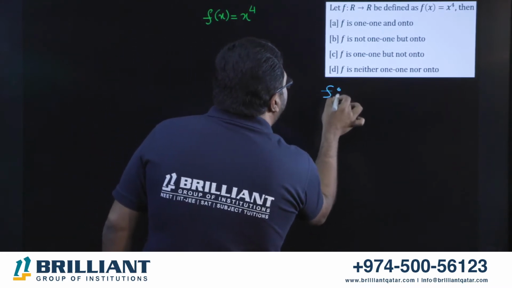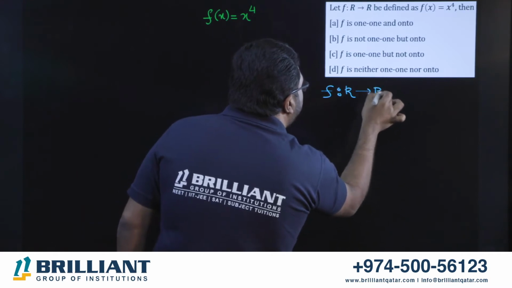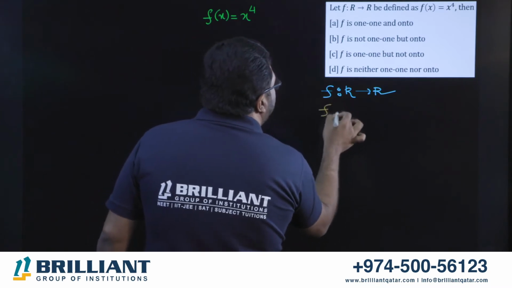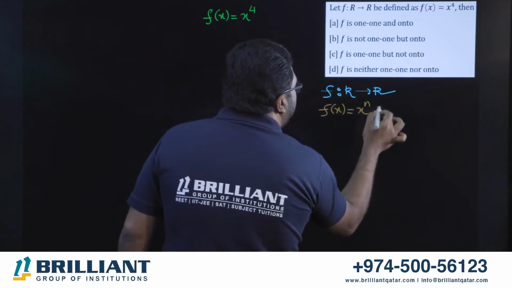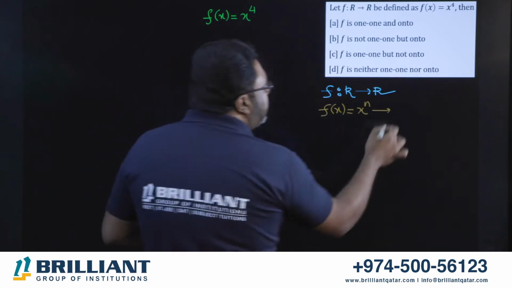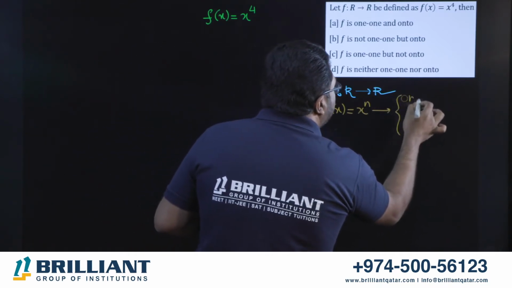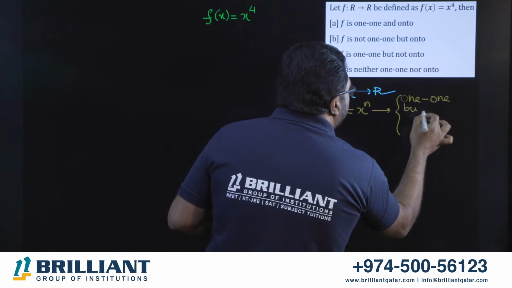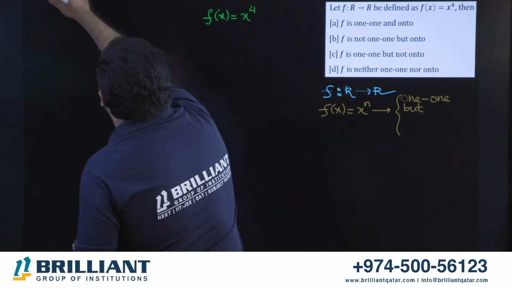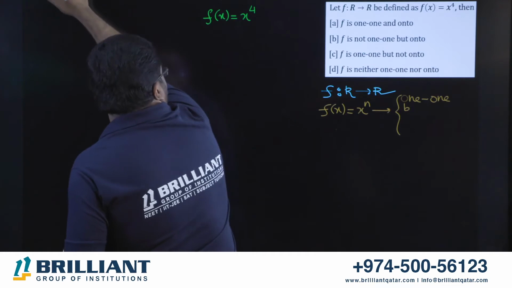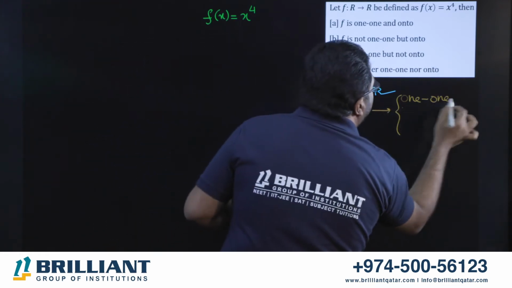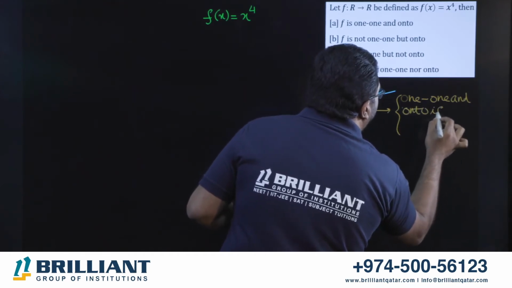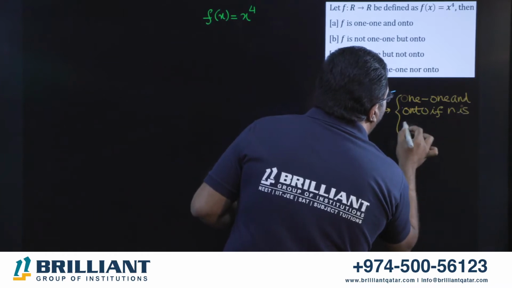F is a function from real number to real number. I want everybody to learn by heart: f of x is equal to x raised to n is 1-1 and onto if n is odd.